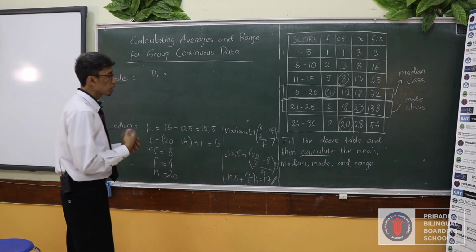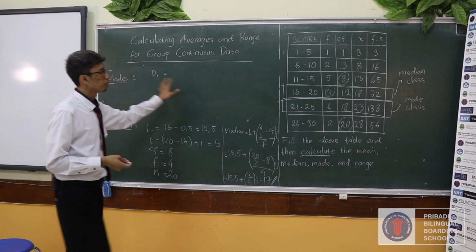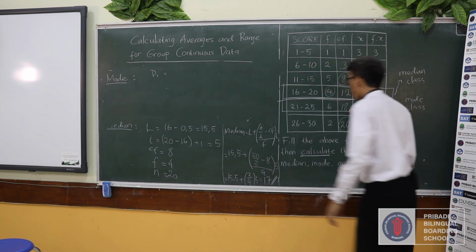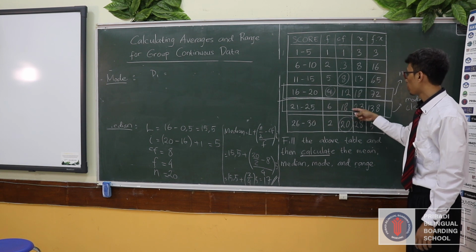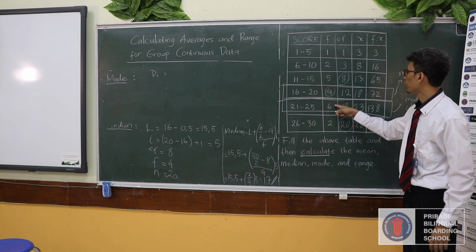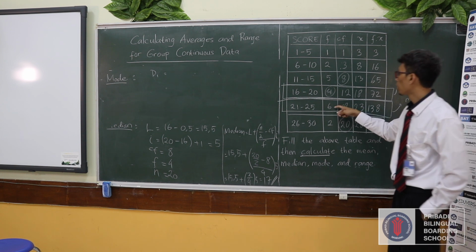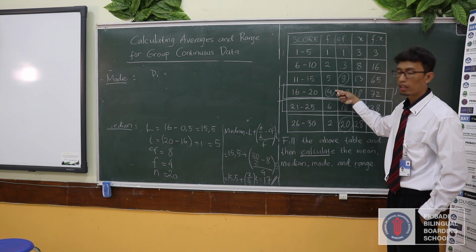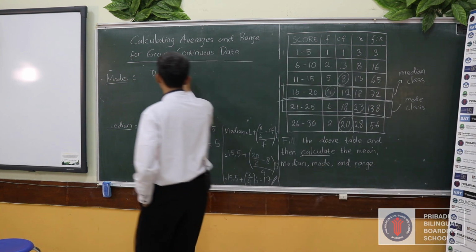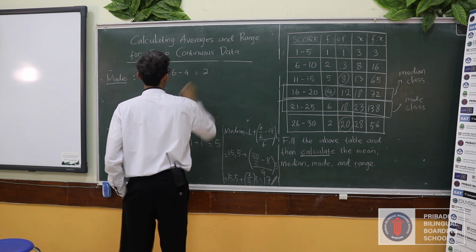It will make our work easier, because D1 represents the frequency of the mode class, which will be subtracted with 4, which is the previous class. So we got 6 minus 4, we got 2.